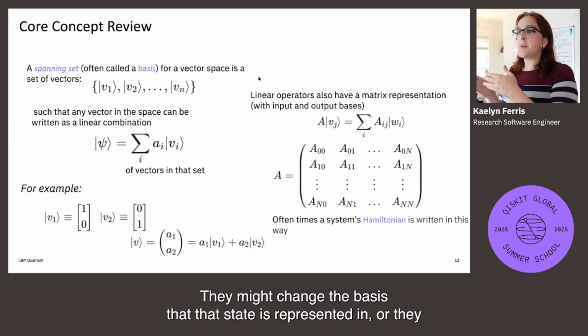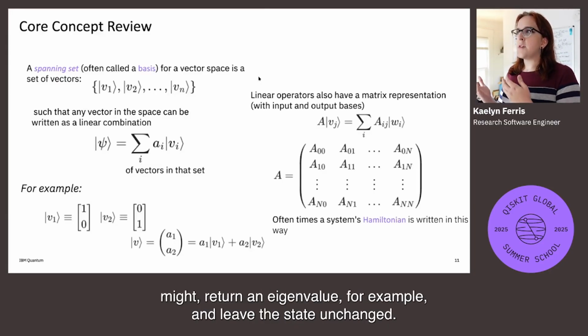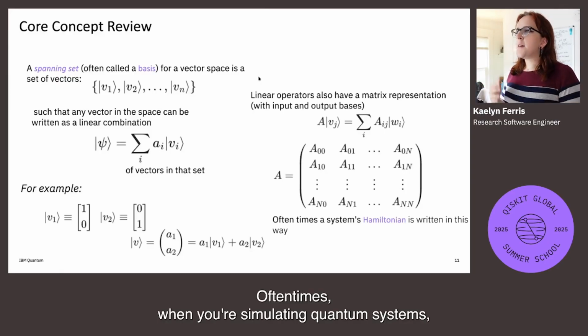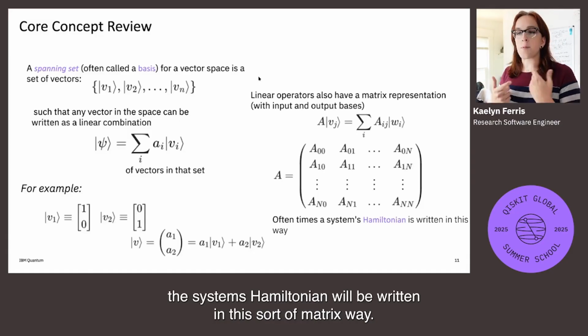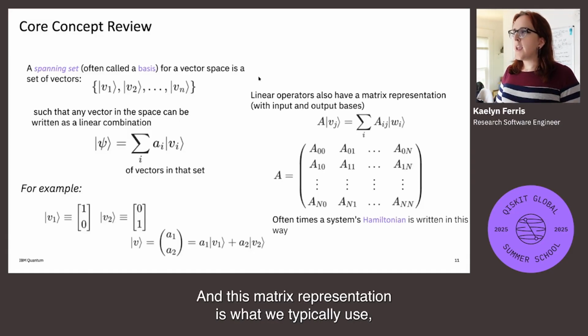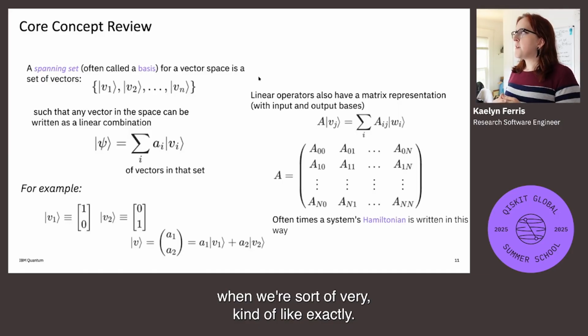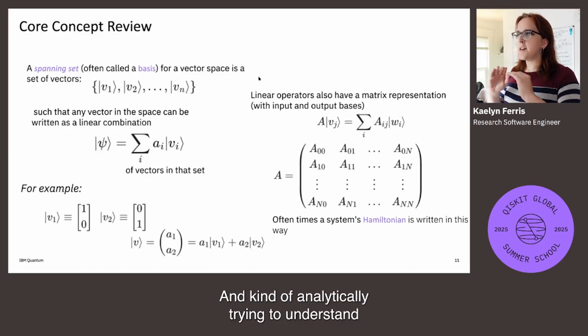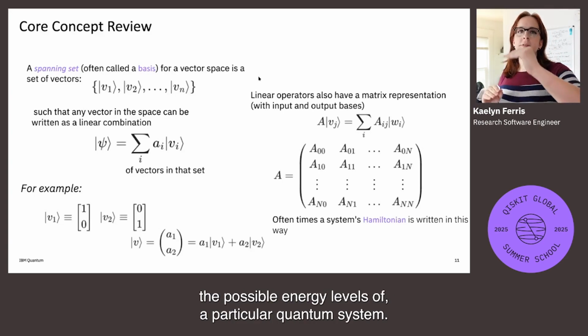They might change the basis that state is represented in, or they might return an eigenvalue, for example, and leave the state unchanged. Oftentimes, when you're simulating quantum systems, the system's Hamiltonian will be written in this matrix way. And this matrix representation is what we typically use when we're trying to analytically understand the possible energy levels of a particular quantum system.